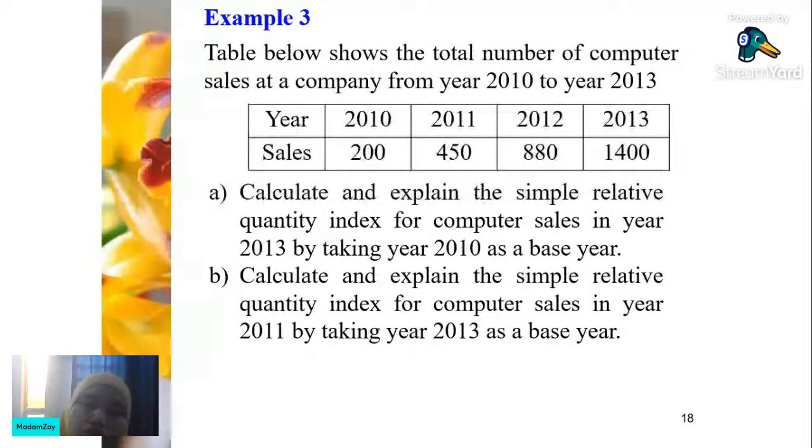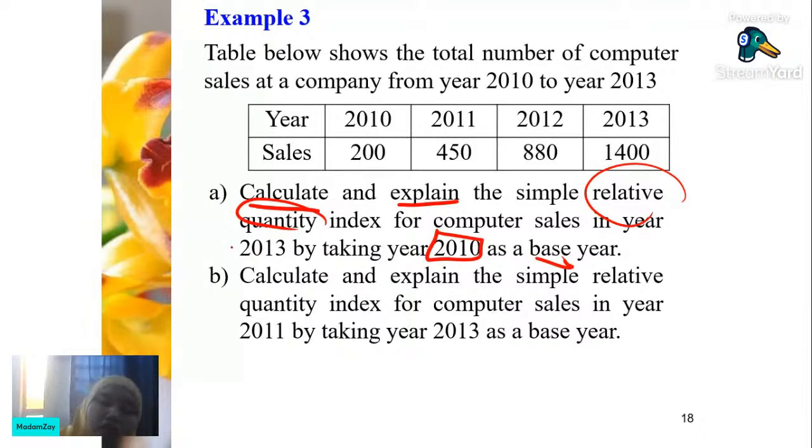Okay, so example 3. This is for the quantity example. The table below shows the total number of computer sales at a company from 2010 to 2013. Calculate and explain the simple relative quantity index for computer sales in the year 2013 by taking 2010 as base.